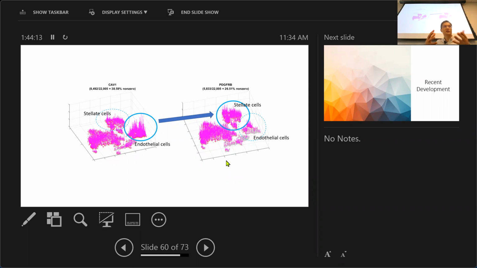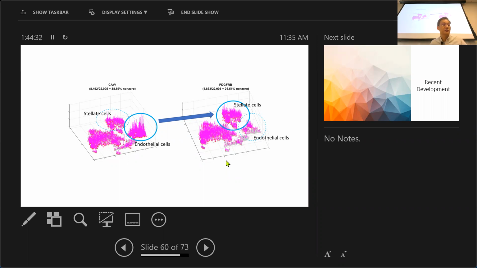The average will not change a lot once you average across the population, because the baseline expression across all the cells is low, so there are a lot of zeros in there. So we have to consider this too.